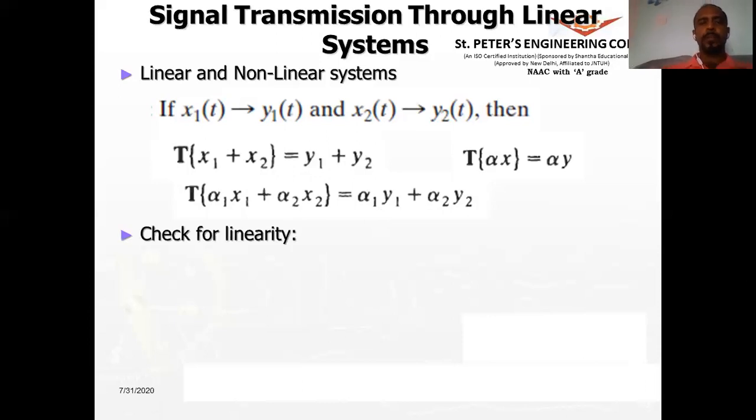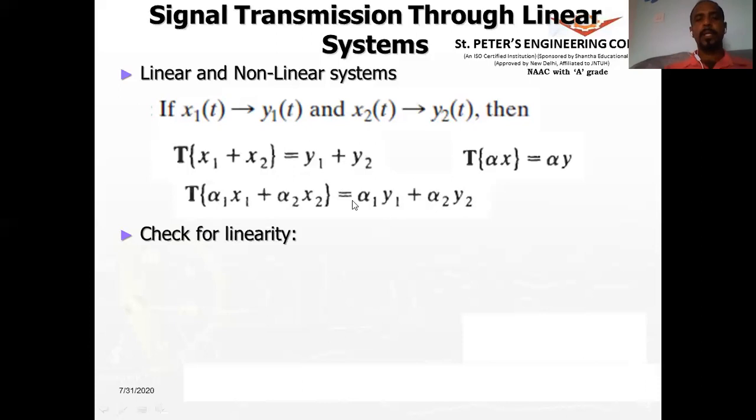Now let us take some problems and understand more on linear and non-linear systems. Again, I stress, systems whose total response is equal to the sum of individual responses are called linear systems.